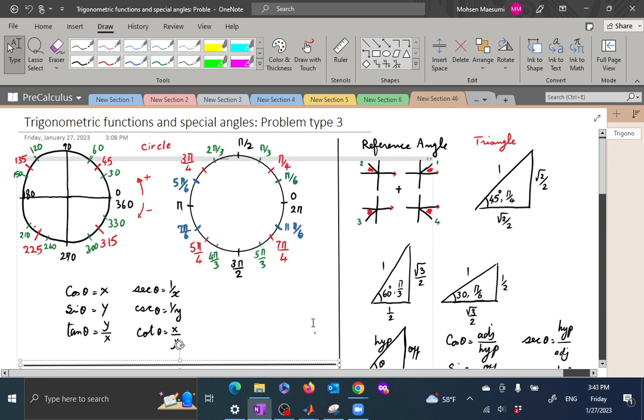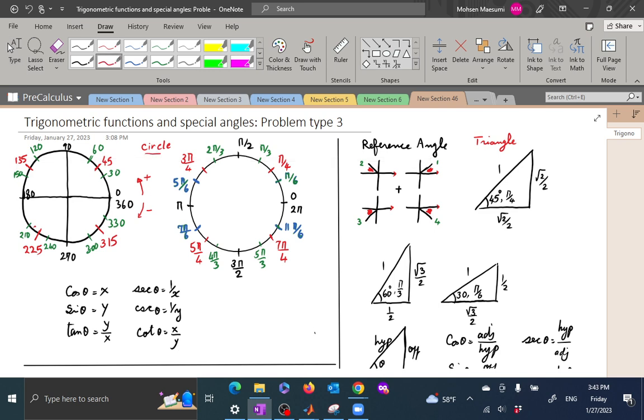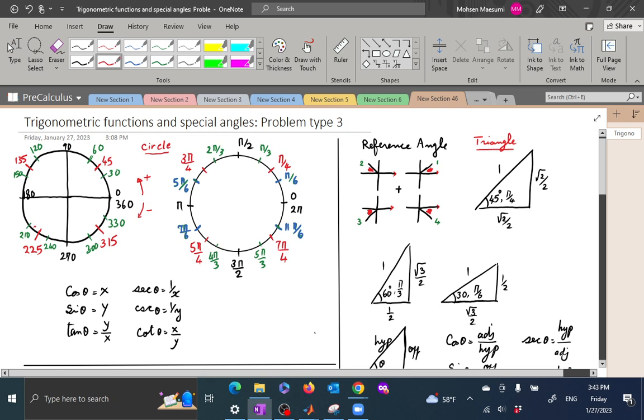So let's just quickly review what happened. We have two styles of looking at the issue, the so-called circle version and triangle version. I'm running parallel versions because it's quite possible that some of you have seen one or the other back in high school. Either way, it's the same thing. In the circle version, you have a circle marked with these angles.